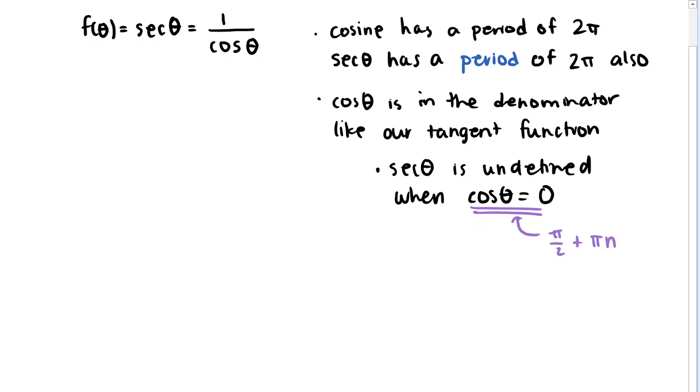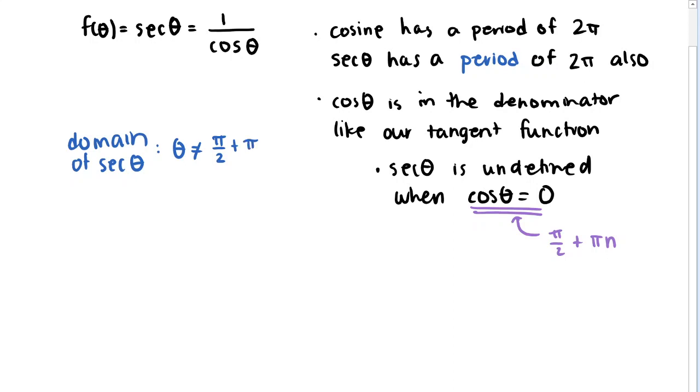So here, anytime we're at the top or the bottom of the unit circle from this angle of theta, we get cosine of theta is equal to 0, and so secant of theta is going to be undefined. And so this tells us that the domain of our secant of theta function is for all values of theta not equal to these angles that result in cosine of theta being 0.